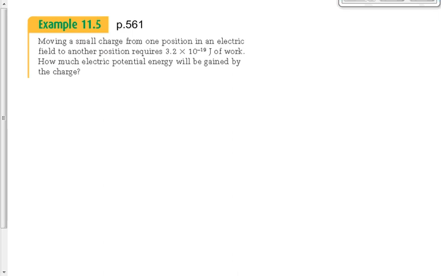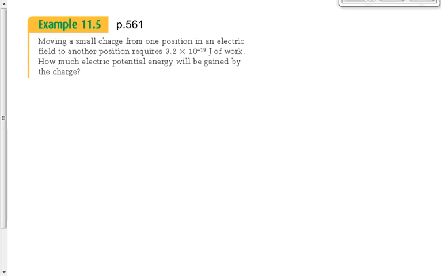I now have for you what might be perhaps the easiest physics problem that you have or ever will see. It says, moving a small charge from one position in an electric field to another requires this much work. What's the change in potential energy? Well, this is a hard question if you don't remember that work is the same thing as change in potential energy.